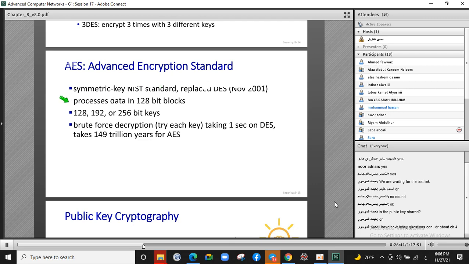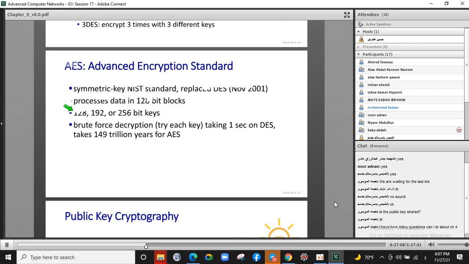The AES standard uses blocks of data with 128-bit length, and in this standard, I can use keys with 128, 192, or 256-bit length.